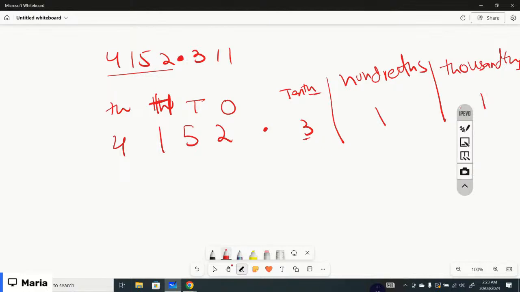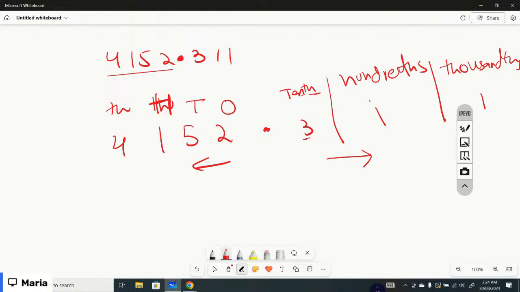These are the place values. After thousandths comes ten thousandths, and so on. That is a very important thing you need to learn. On the left side of the decimal point you have tens, hundreds, thousands. On the right-hand side of the decimal point you have tenths, hundredths, and thousandths. Got it?